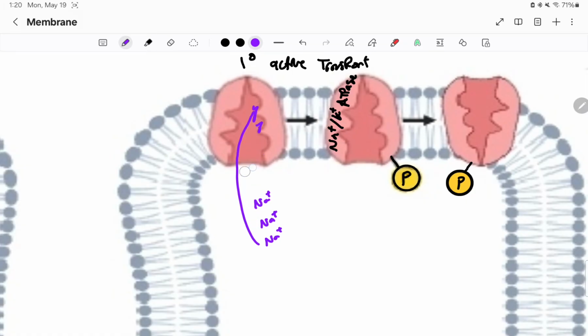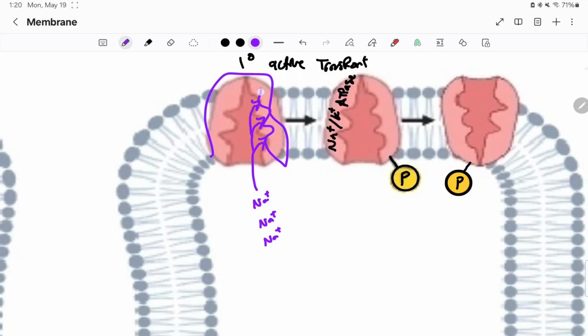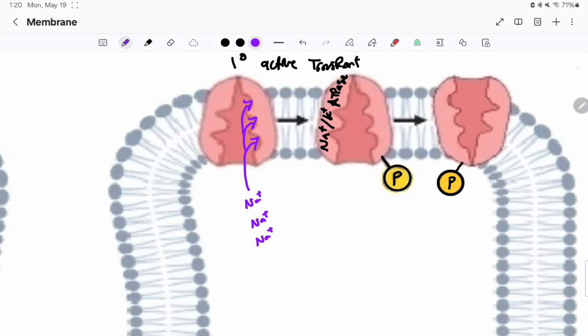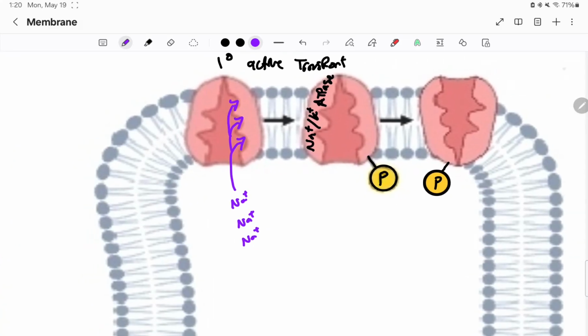Actually, let's draw it neatly. So boom and boom. These 3 are high affinity binding sites for sodium in this configuration of the protein. As soon as the sodium binds, you know what ends up happening?